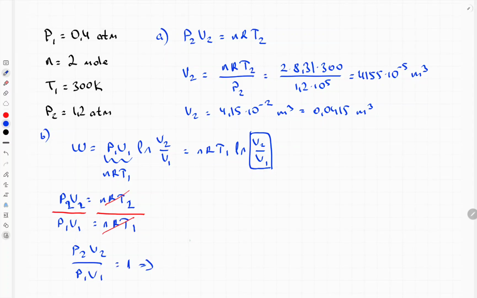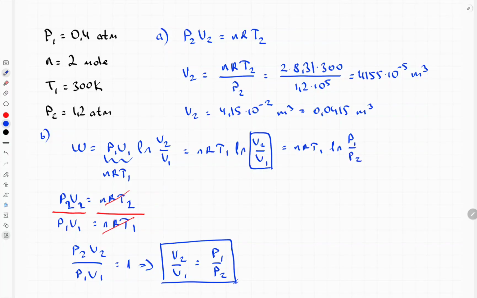From here, V2 over V1 actually equals P1 over P2. So we don't need to waste time calculating V1. It's totally up to you, you can do it, but we can replace it with P1 over P2. It's much simpler.